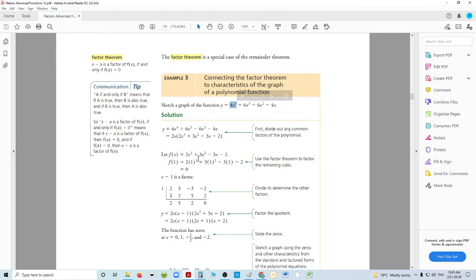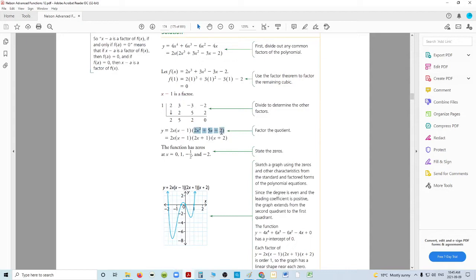Then they go through the remainder theorem to figure out that x minus 1 is a factor. By plugging in 1 into the equation, they get 0. That way they know x minus 1 is a factor. They do synthetic division. They're able to break it down into a parabola and then use normal factoring for the parabola. Then they're able to graph it. They're able to figure out it has 4 x-intercepts here.